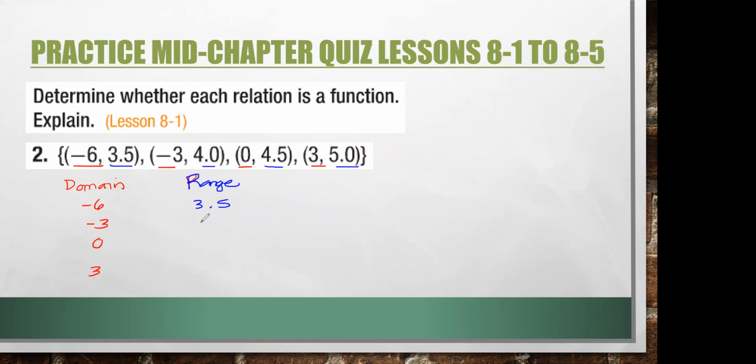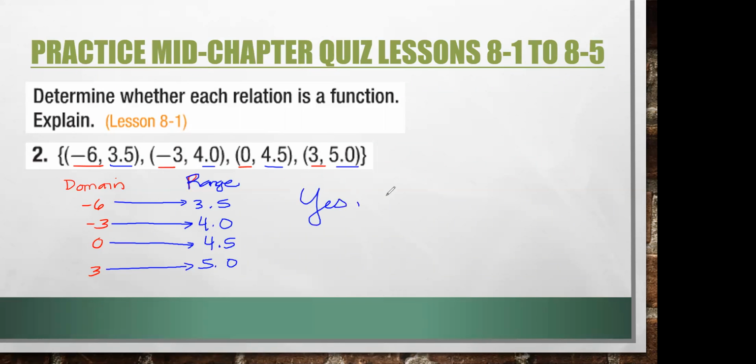So -6 matches with 3.5, -3 matches with 4.0, 0 matches with 4.5, and 3 matches with 5.0. So yes, this is a function, and the reason is that each element in the domain matches with one element in the range.